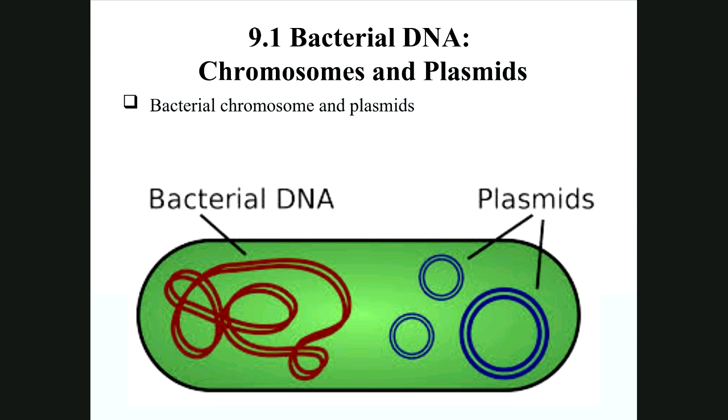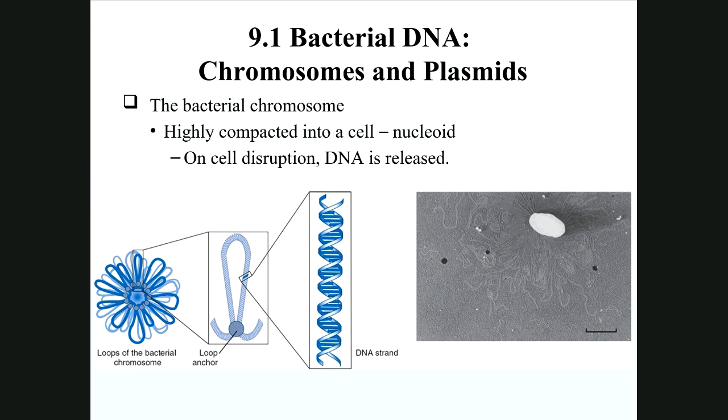Okay, the bacterial chromosome is highly compacted and folded up into this kind of pretty little flower shape. It is held in place by these little loop anchors, a little molecule that holds the DNA into this flower shape, and that allows it to be super condensed inside of the bacterial cell.